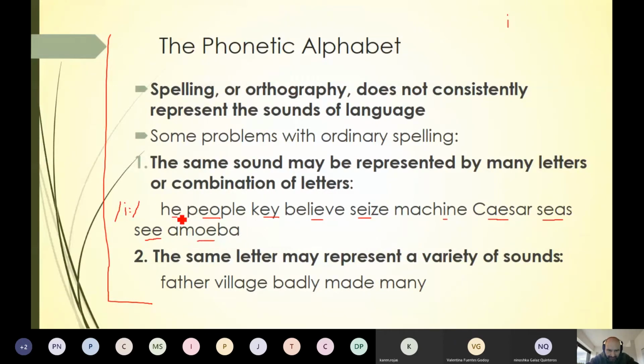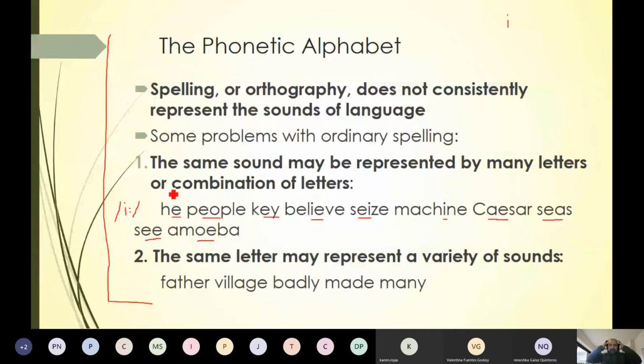If you take a look at the possible combinations of letters or individual letters, we have different types of spelling and we have the same sound, E. So that's one difficulty about learning English, that the same sound may be represented by many letters or a combination of letters.